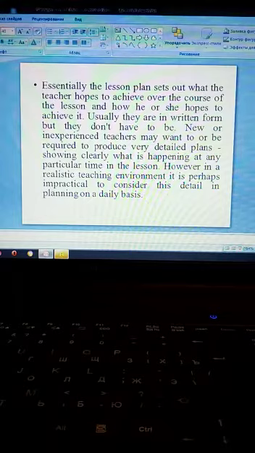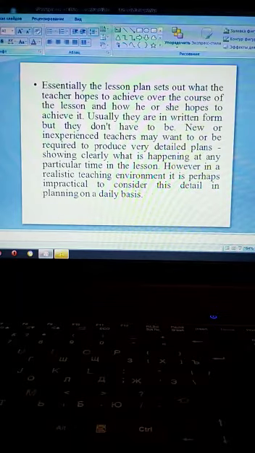Usually they are in written form, but they don't have to be. New or inexperienced teachers may want to or be required to produce very detailed plans, showing clearly what's happening at any particular time in the lesson. However, in a realistic teaching environment, it's perhaps impractical to consider this detail in planning on a daily basis.